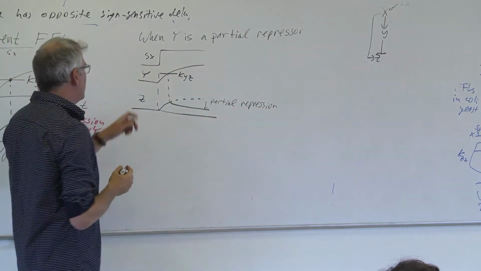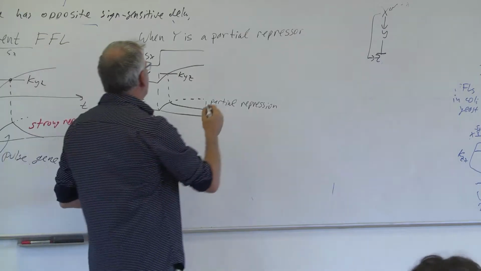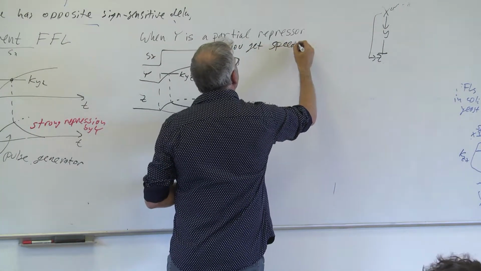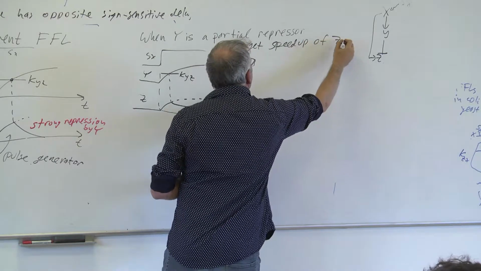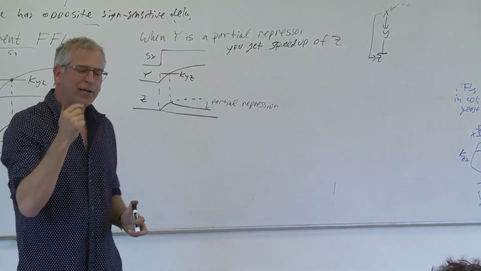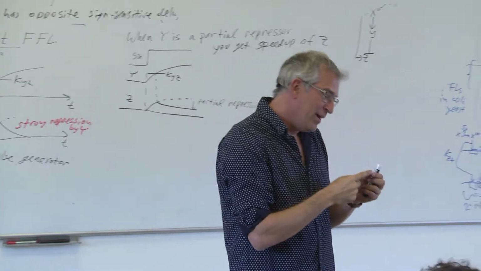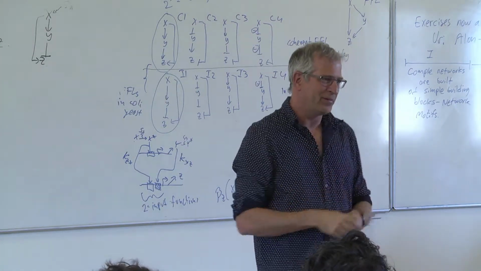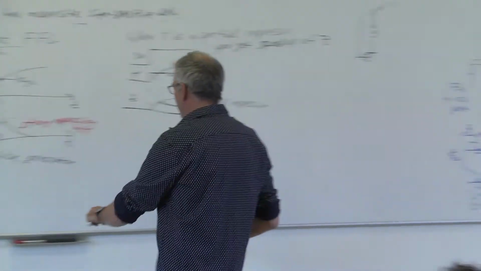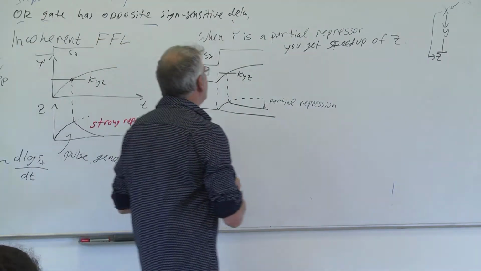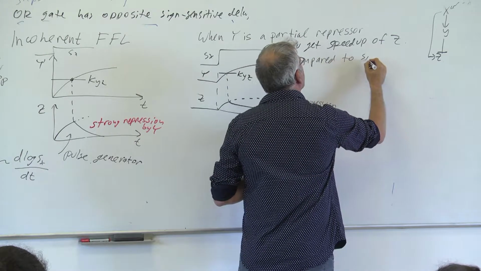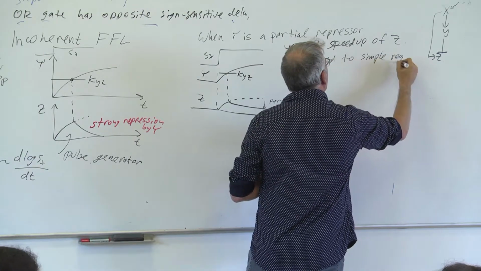And what you can see, though, is something kind of cool. You get speed up of Z. Speed up just like we saw in the negative autoregulation, except here there's no feedback. It's a feed-forward device. And what do I mean by that? I mean that speed up compared to simple regulation, right?